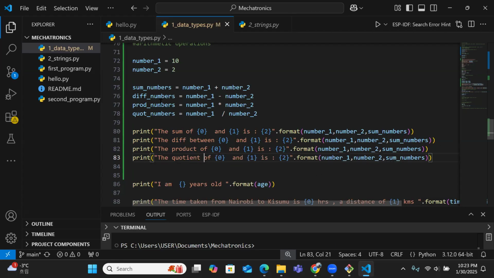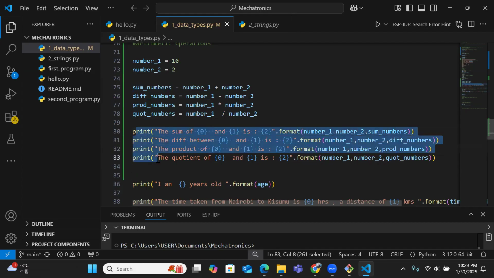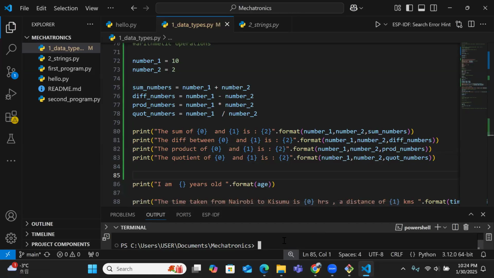Then instead of sum numbers, you copy this and edit it here: the difference of the numbers, then the product of the numbers, and then the quotient of the numbers, like that. Okay, are we together? Yes. So you can run it.